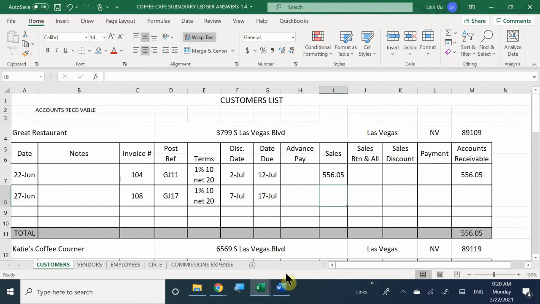Here we have full sales of 585.87. No payments were made, no advance payments, no returns. So therefore we should get them to owe us 585.87. Okay. What's next?